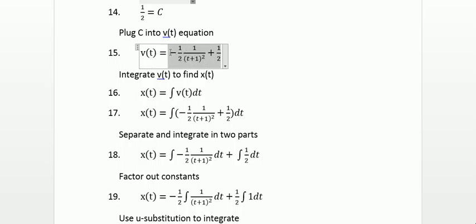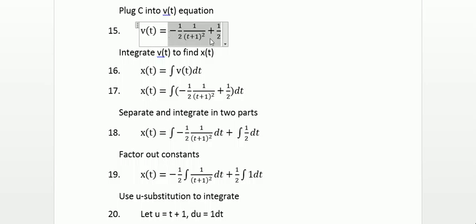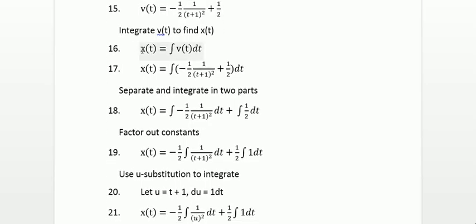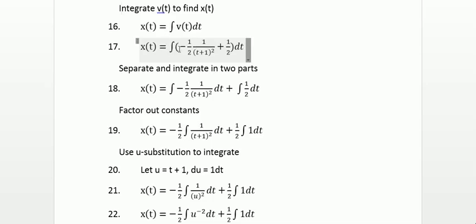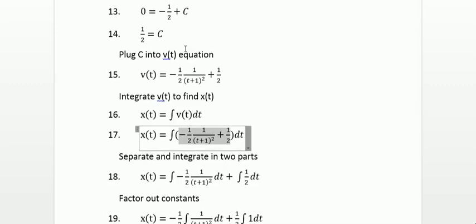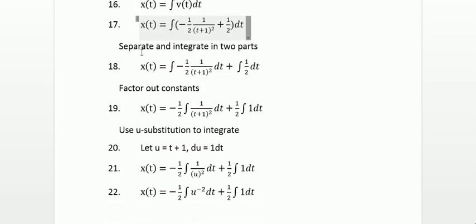But we need to integrate one more time to find the position function. So that's what we do next. x of t is equal to the integral of v of t dt. So we plug in the velocity function we just found, and then what I did is I separated it into two parts to make it easier to integrate.